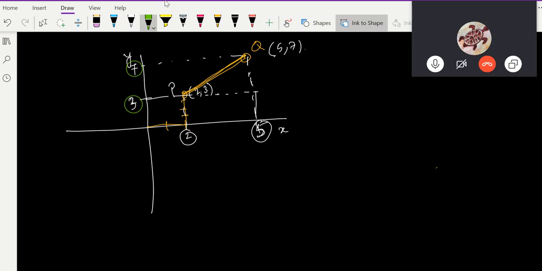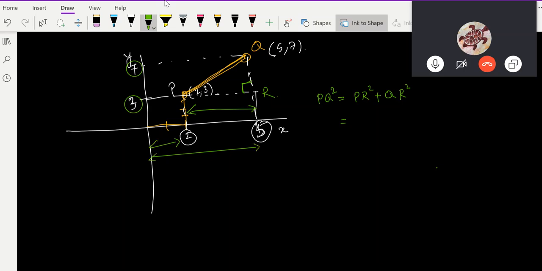We can see that this is a right angle, so we can use the Pythagoras theorem. PQ square is equal to, if I name this point R, PR square plus QR square. To find PQ, PR is this distance, which is the total distance minus this distance.